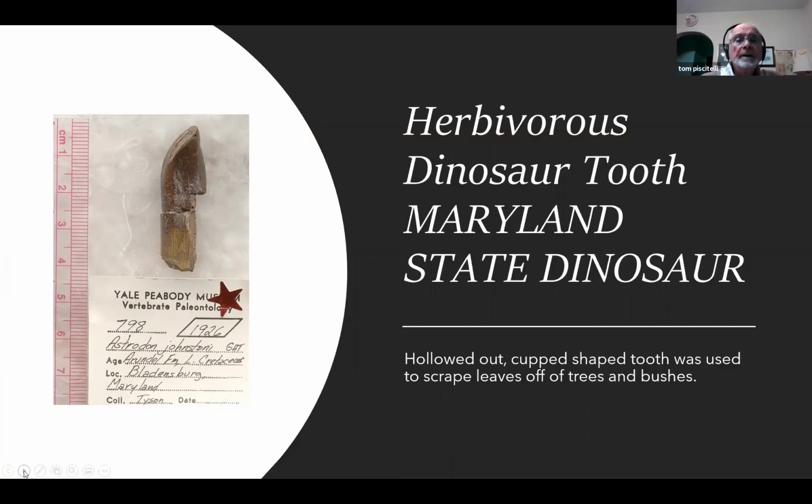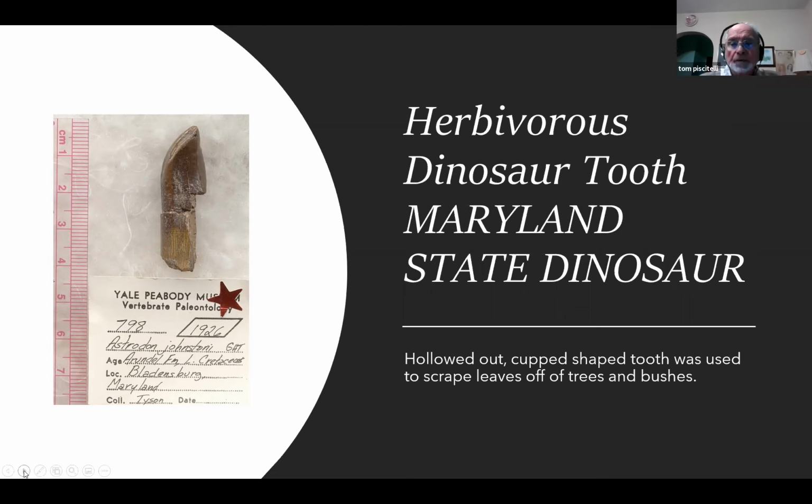What you see is the tooth from a herbivorous dinosaur, Astrodon johnstoni, the first sauropod described from North America, in 1865. It's been designated as the Maryland state dinosaur.